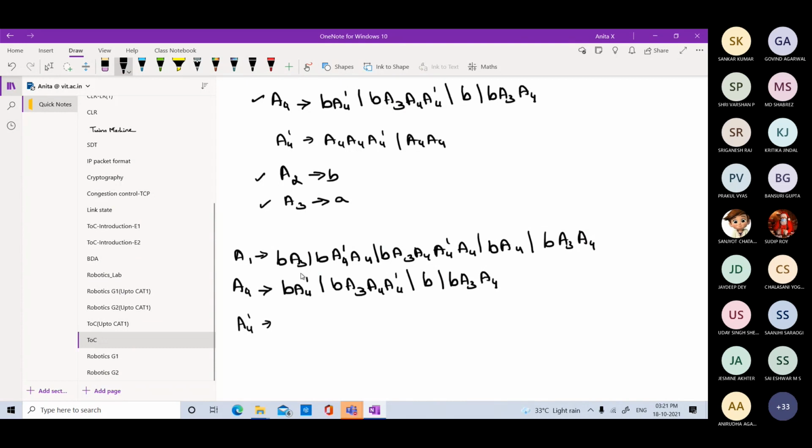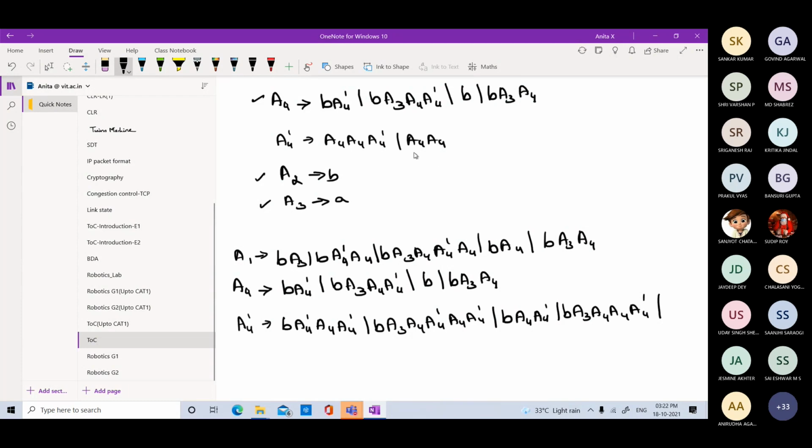So B, A4 dash, A4, A4 dash, or B, A3, A4, A4 dash, again A4, A4 dash, or B, A4, A4 dash, or B, A3, A4, A4 dash. So this is over.